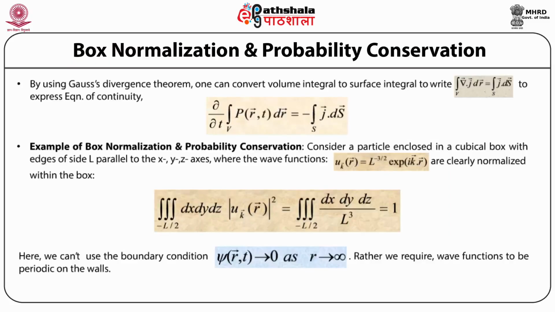Box normalization and probability conservation. Now, using Gauss's divergence theorem, one can convert the volume integral to the surface integral. That is, one can convert the volume integral of the divergence of the current density into the surface integral of the current density function dot the ds vector, that is, the scalar product of the current density function and the surface vector.